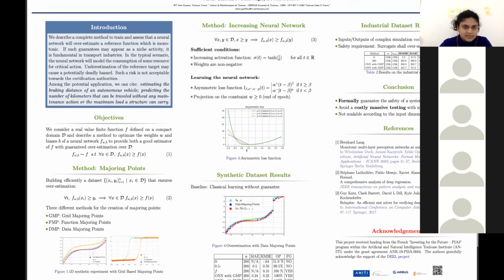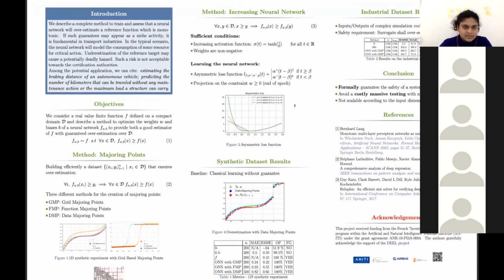The second step is to train the network. For each training point, we would like to overestimate the training point. For that, a sufficient condition is to have what we call an increasing neural network.